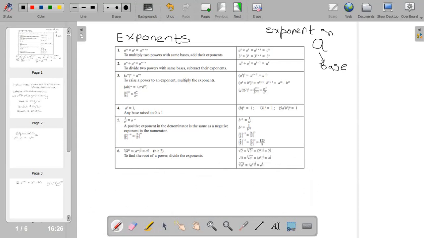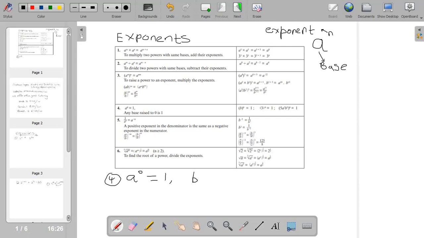Okay, let's look at rule number 4. Rule number 4 states that if we have base a exponent 0, the answer will be equal to 1. So any base that's raised to the power 0 gives 1.